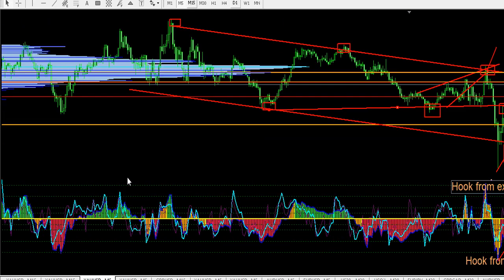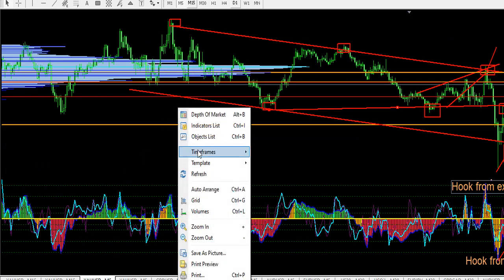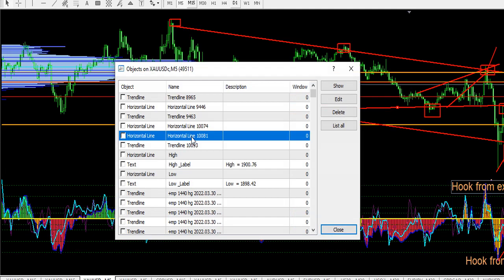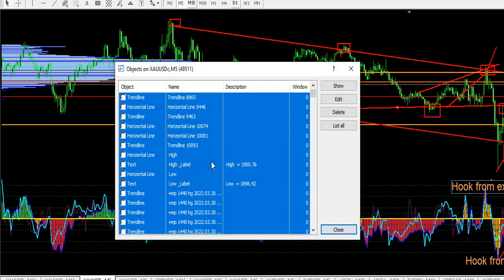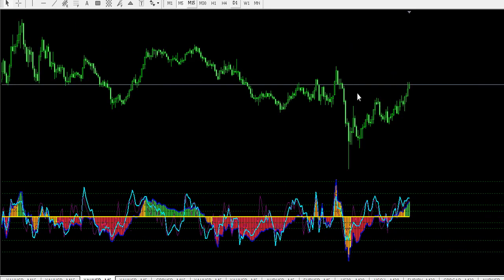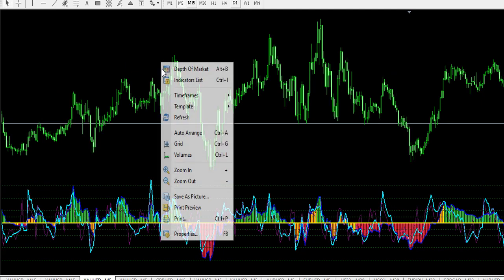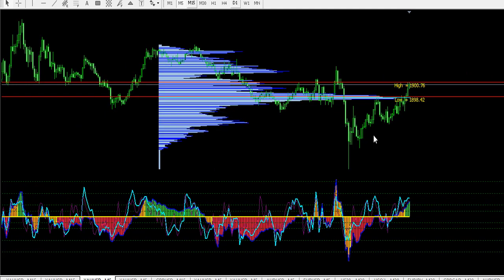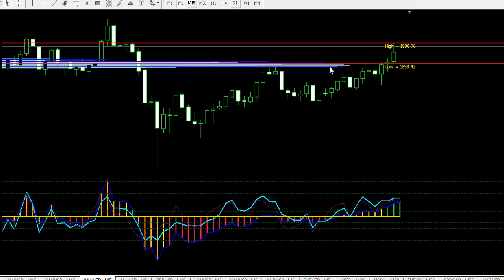For volume profile, it is also important here.